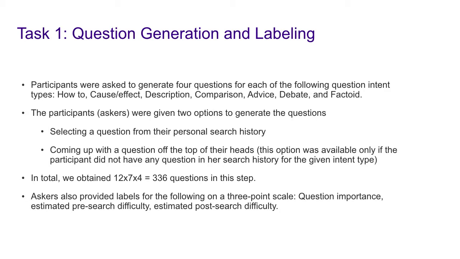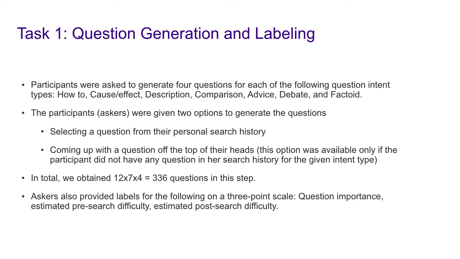The first task was to generate some questions. The participants were asked to generate 4 questions in 6 different question intent categories. The intent categories are selected to provide some diversity and to keep the focus mainly on non-factoid questions. The participants had 2 options when generating their questions. They first tried to select a question from their personal search history.